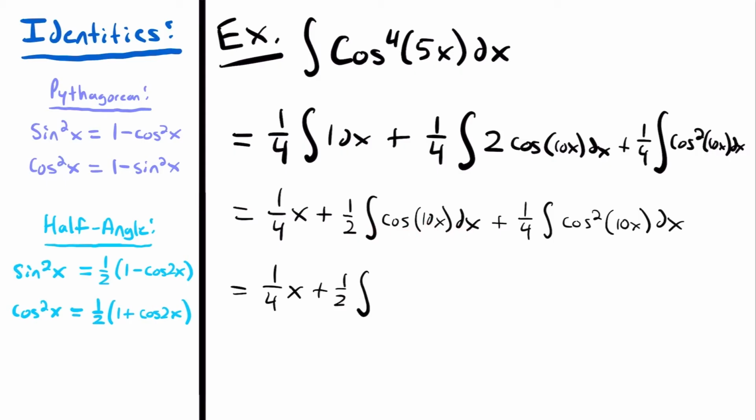Now we can set u equal to 10x, since that is the inside function of cosine. And so if we do that, I'm going to write that up here. We'll have u is equal to 10x, which means that du dx is equal to 10, because the derivative of 10x is 10, which means that du is equal to 10 times dx, but I don't see a 10 within our integral, and so if I divide both sides by 10, we will have that du divided by 10 is equal to dx.